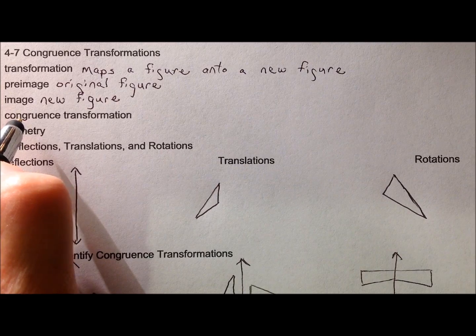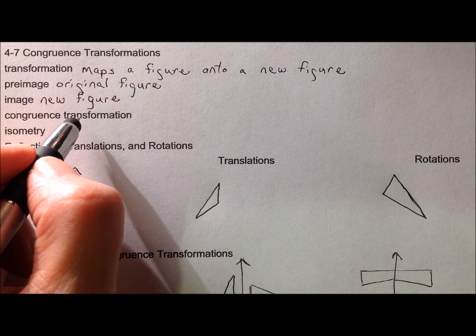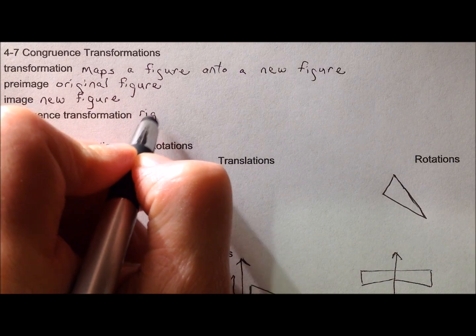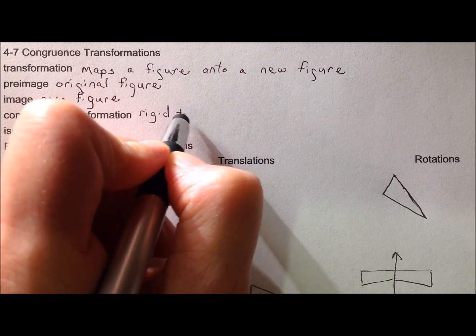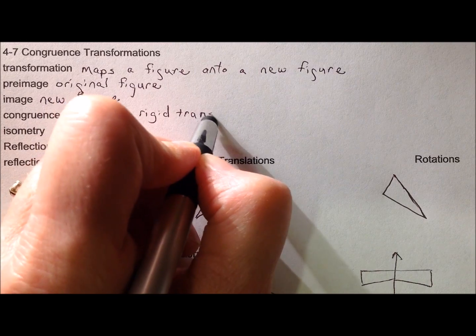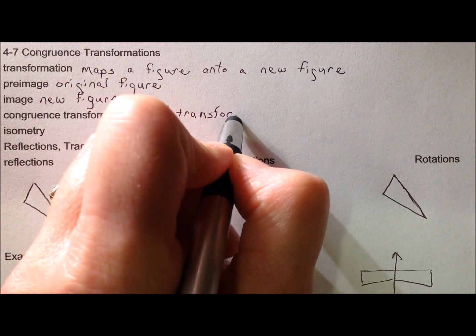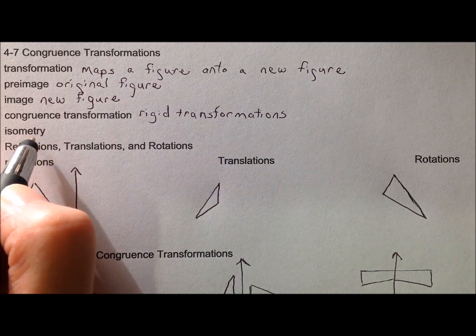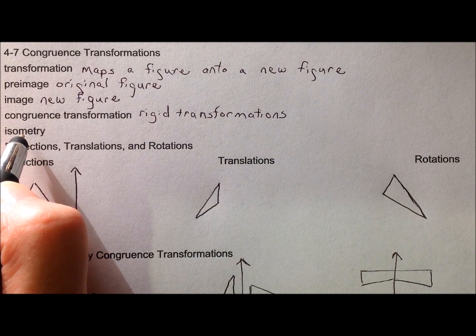As far as congruence transformation, that's what we're going to be looking at in this section. These are rigid transformations. They're also called isometries, okay?